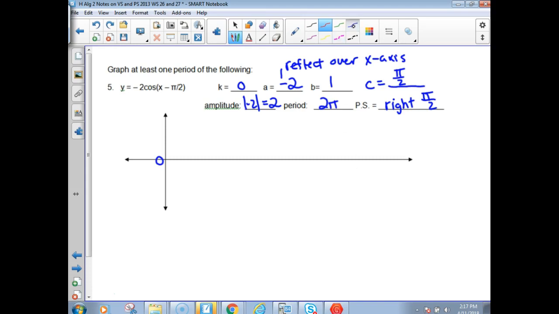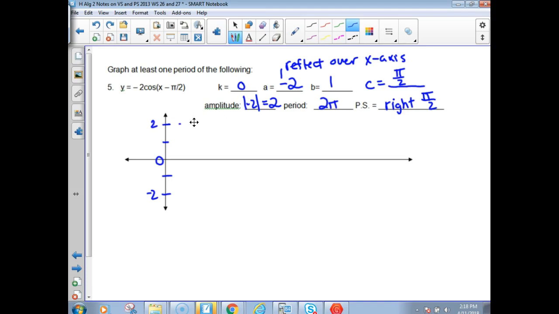All right, so here we go. I got an amplitude of 2, my center line 0, but I have to go down 2 from there and up 2 from there. So I'm going to stay within these marks.